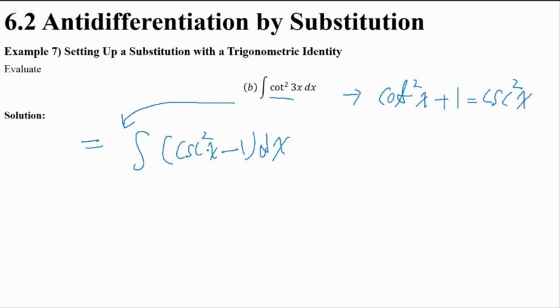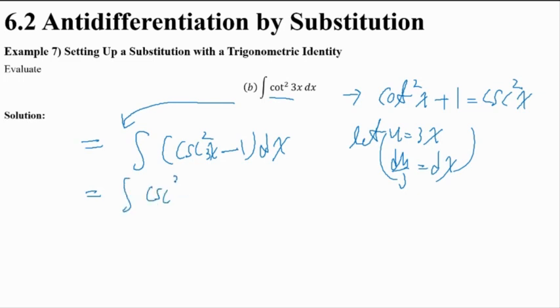Sorry, it's 3x. Okay. So for the substitution, let u be 3x and du over 3 be dx, right? And plug in: integral cosecant square u minus 1, with 1/3 in front, du.